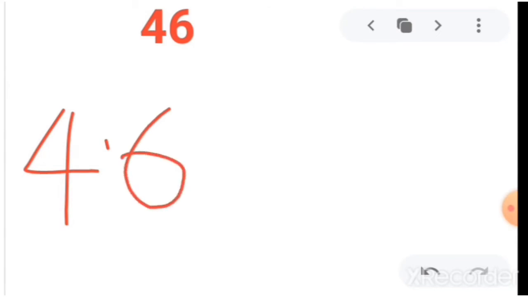Another example we are going to see, we want to write 46 in standard form. If we just write 46 times 10, 46 is greater than 10. But the whole number we want to write must be between 1 and 9. So we write 4, but we have another number 6, so we put a decimal point and write 4.6. Now, to write a number in standard form, we must multiply by 10.